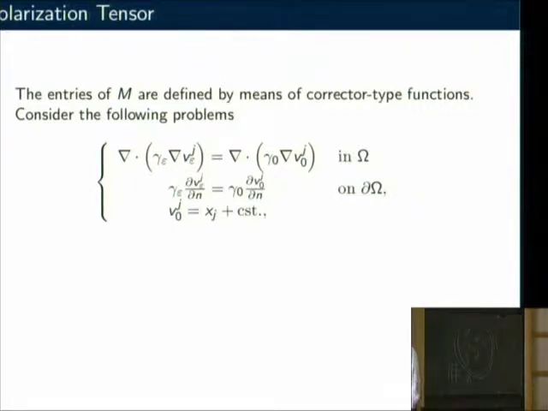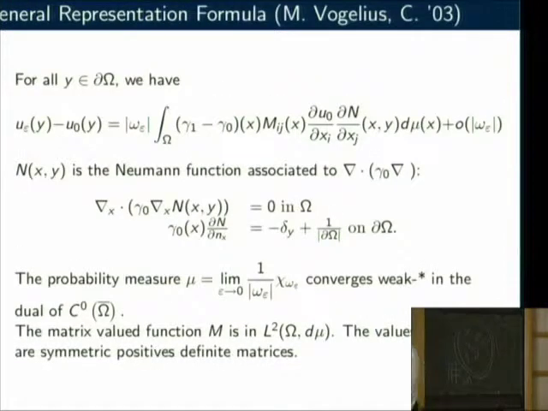Right now you're talking about the direct problem, but when you think of the inverse problem, gamma 0 is known and gamma 1 can be not known. Coming back to the inverse problem, you see that you have gamma 1 minus gamma 0 times M, times the volume.